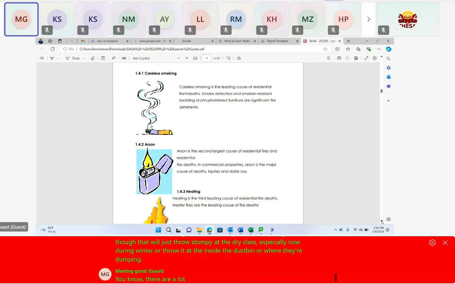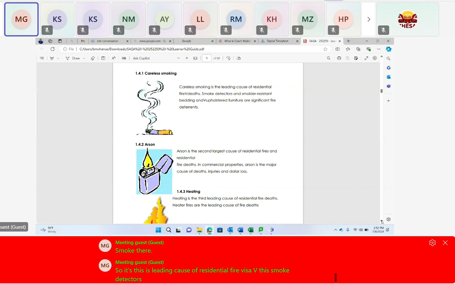There are a lot of things that can catch smoke there. So this is the leading cause of residential fire deaths. Smoke detectors and small dust resistant bedding and upholstered furniture are significant fire deterrents.